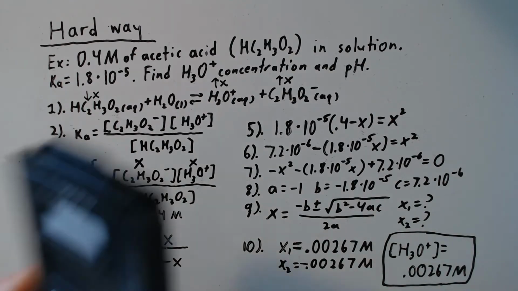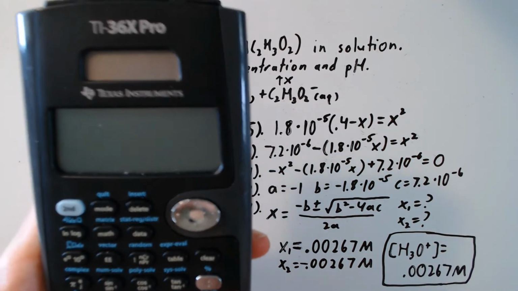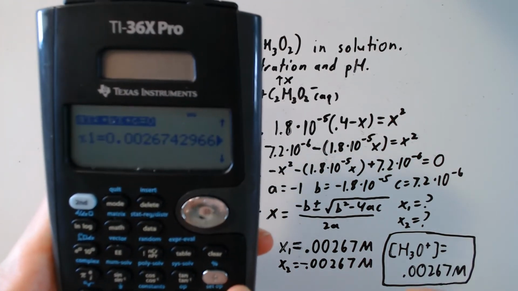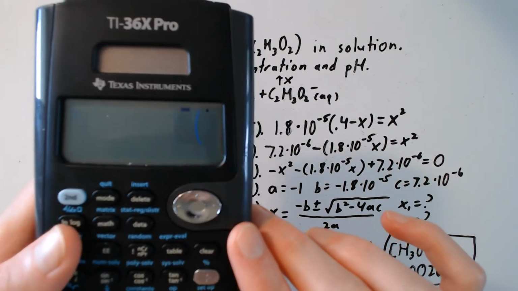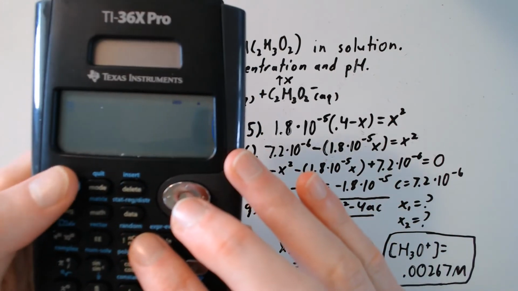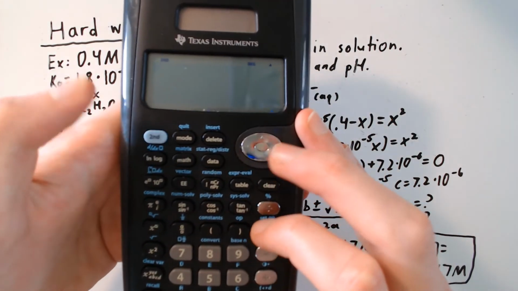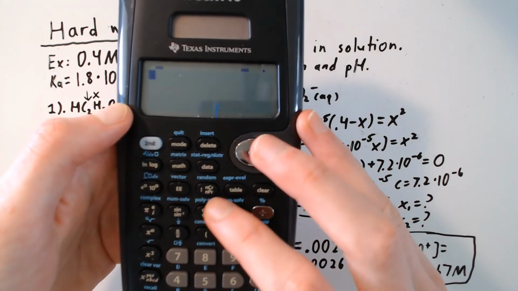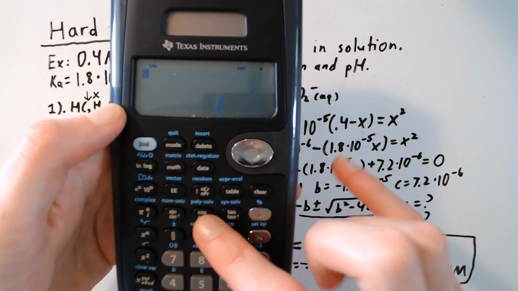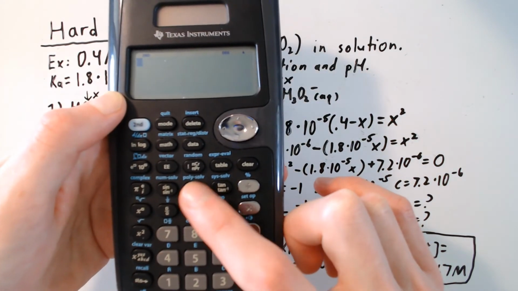So, for our scientific calculator, I would turn it on, and then I can go and press second right here, and then I will go to the blue right here that says poly solve. So you can see it says poly solve on top.